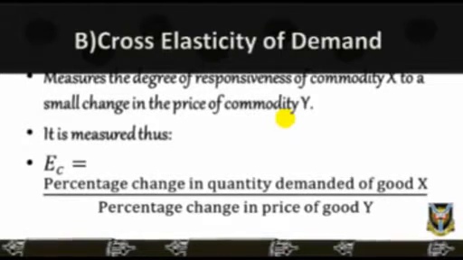For example, you can measure the change in demand for margarine due to change in the price of butter. It is measured thus: E subscript C equals percentage change in quantity demanded of good X over percentage change in price of good Y.